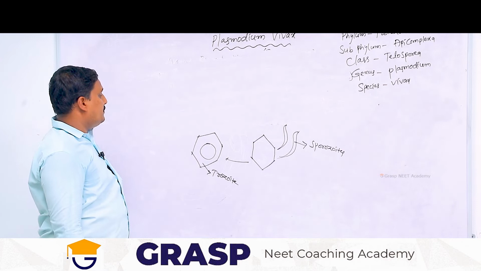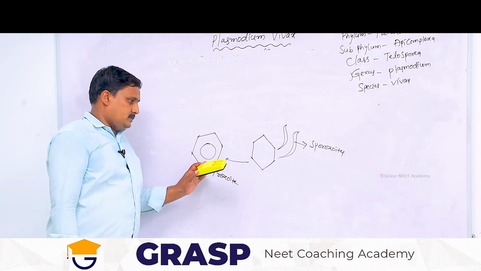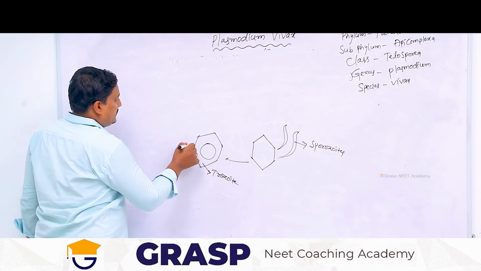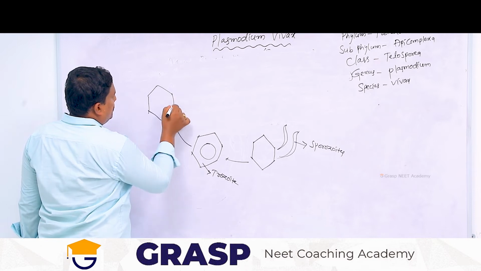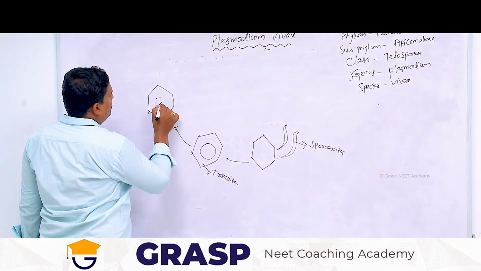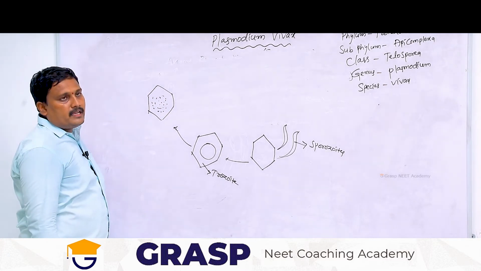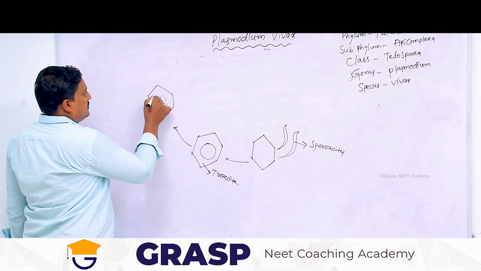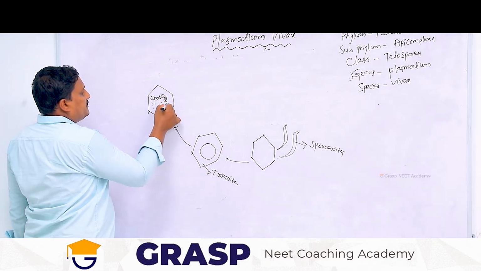It feeds on the food materials present in the liver cells and increases to its optimum size. Later its nucleus divides by many successive mitotic divisions. After karyokinesis, the cytoplasm also divides around each nucleus.